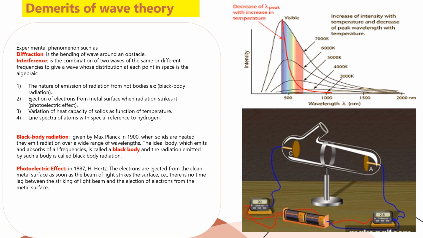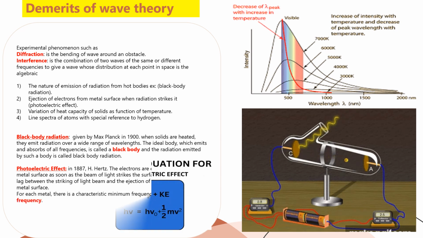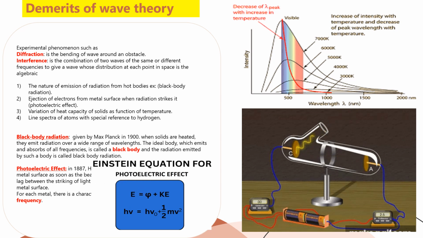The number of electrons ejected is proportional to the intensity or brightness of light. For each metal, there is a characteristic minimum frequency, also known as the threshold frequency.